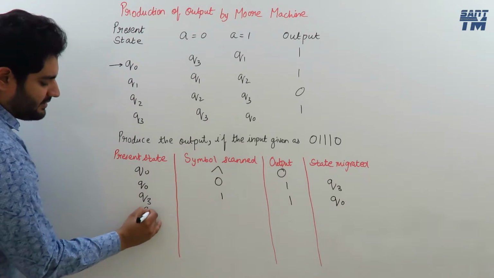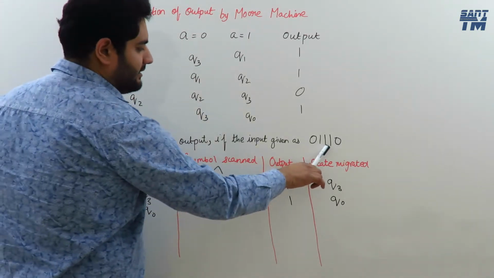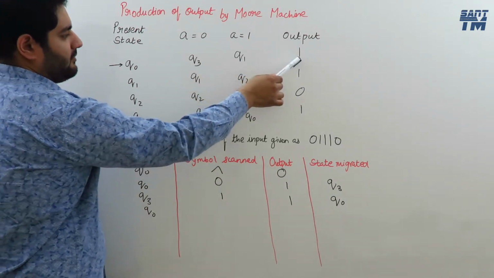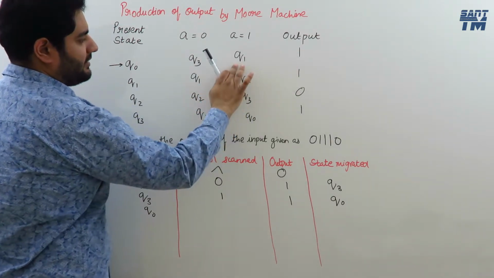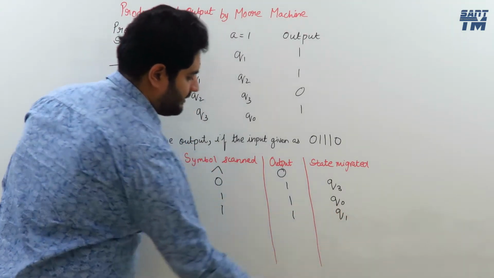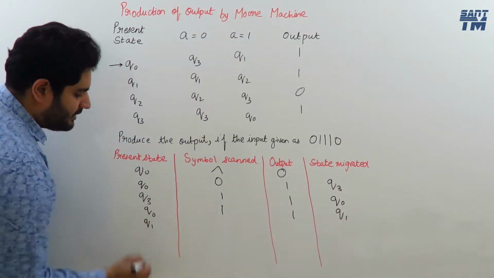Now our present state is Q0. Q0 on 1 will move to Q1 and produce output 1. The present state becomes Q1.